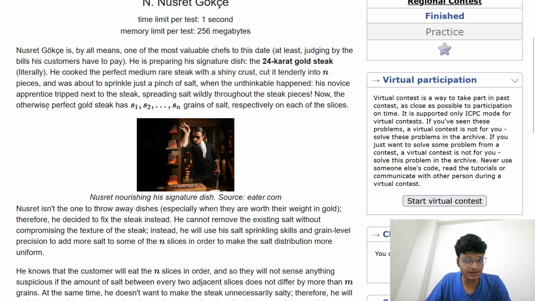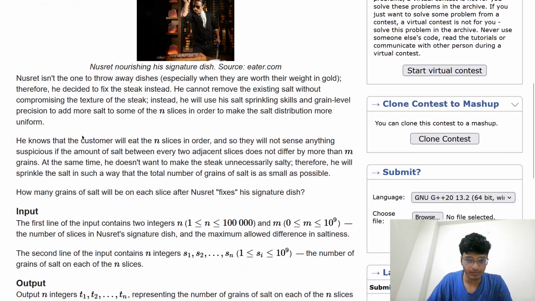He has a perfect gold streak, so there are some streaks, and he put S1, S2, up to SN grains of salt on each of those streaks. A isn't the one to throw away dishes, especially when they were wet in gold.